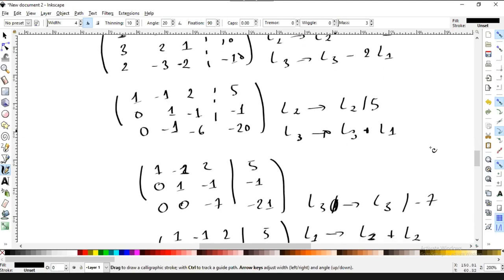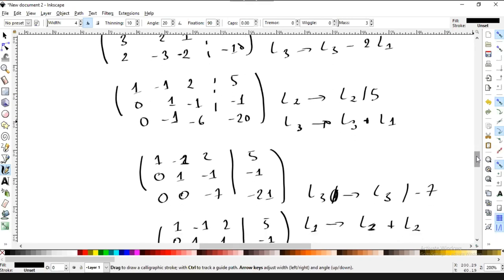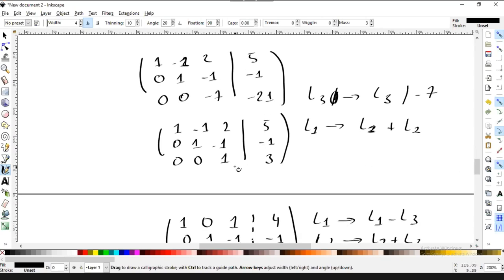When you finish subtracting, you make this one, so you divide by this AKK. Once you get here, you will start subtracting the lines, subtracting this line with a factor such that you get 0 here.